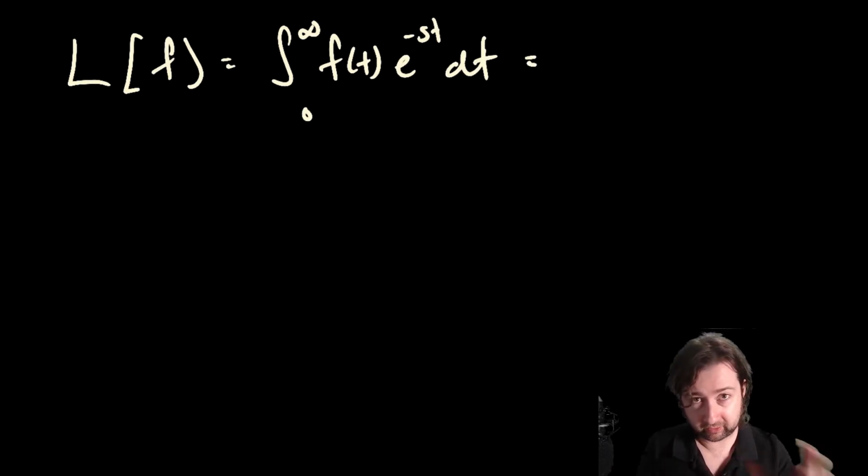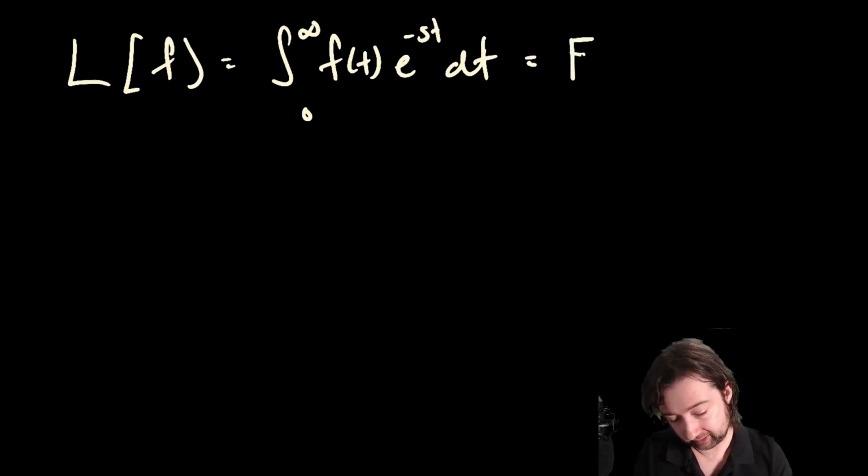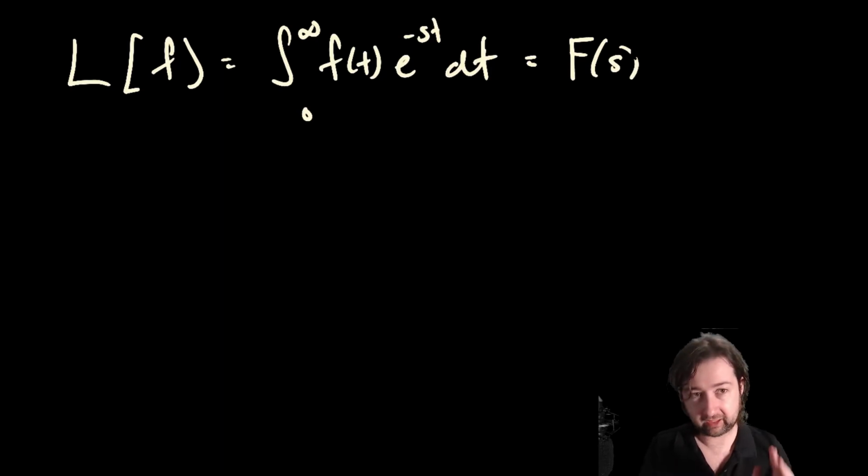But a lot of times when we're doing computations, it's actually more convenient to write capital F of s. So capital F is the transform of lowercase f. And the variable has to change because we're replacing the variable t with the variable s. You could think of the variable s as sort of being like a frequency domain variable. The Laplace transform and the Fourier transform are actually related to each other. It's obvious because you've got the integral from 0 to infinity and this exponential running around in here.